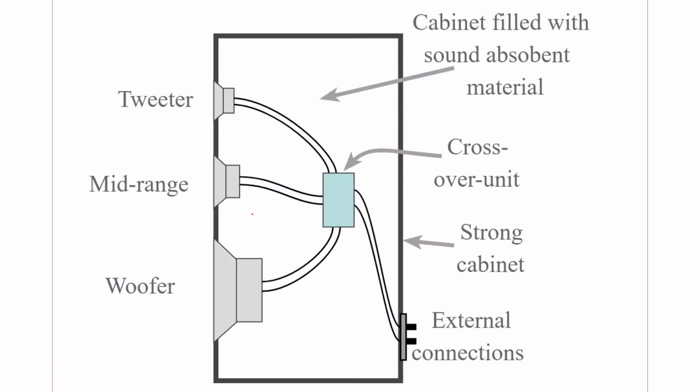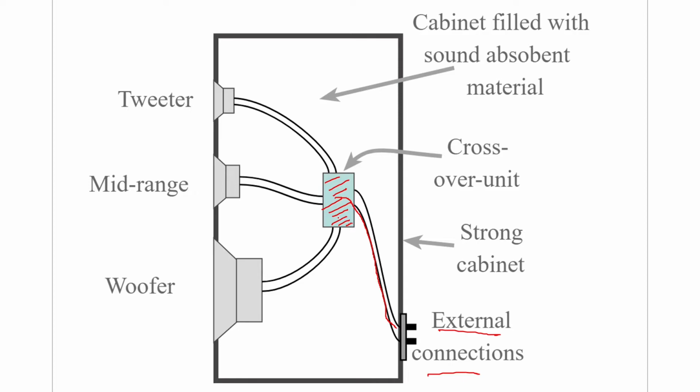Now if you see the internal diagram of a speaker over here, you have a speaker in this box, and here you have your electrical connections. This is your external connection from where your electrical signal will be going. Now this electrical signal goes into this crossover unit, where you can have inductors and capacitors, where an inductor will pass DC and block AC, whereas a capacitor will pass AC and block DC.